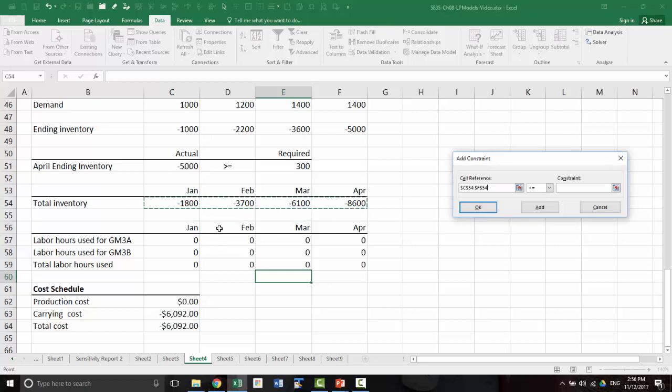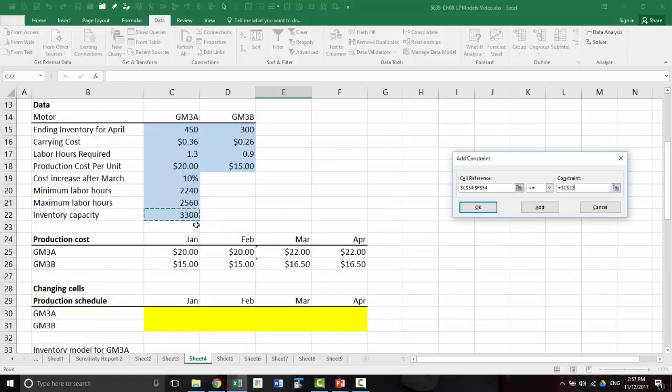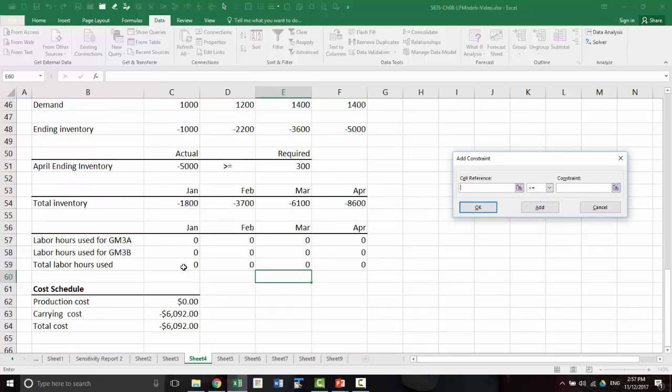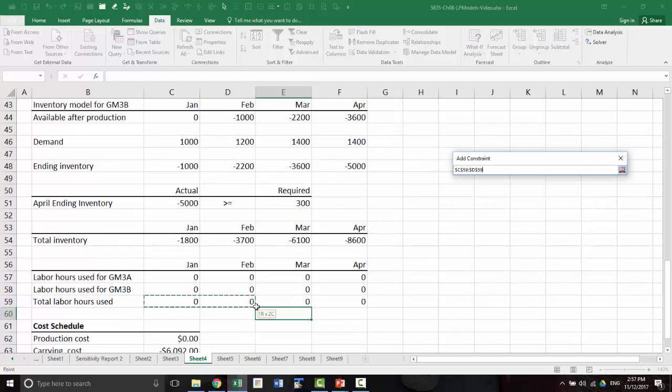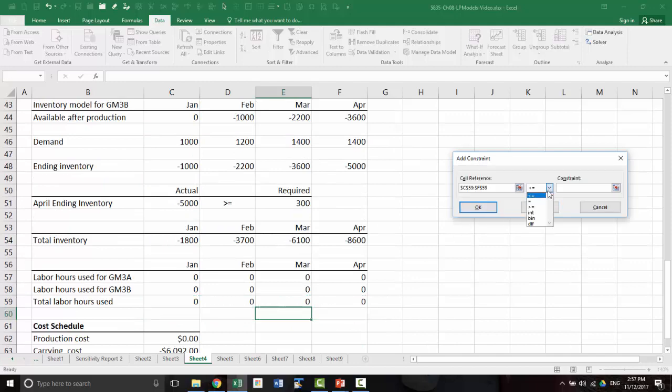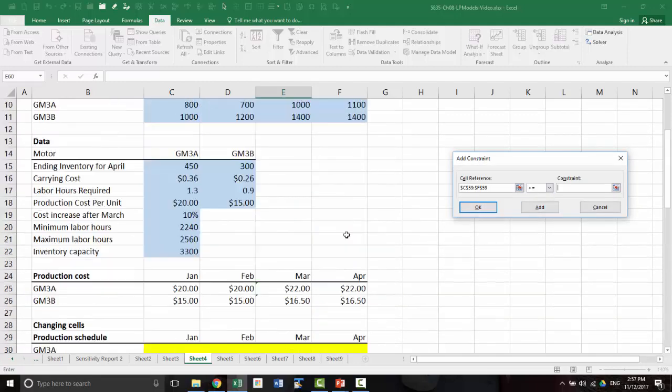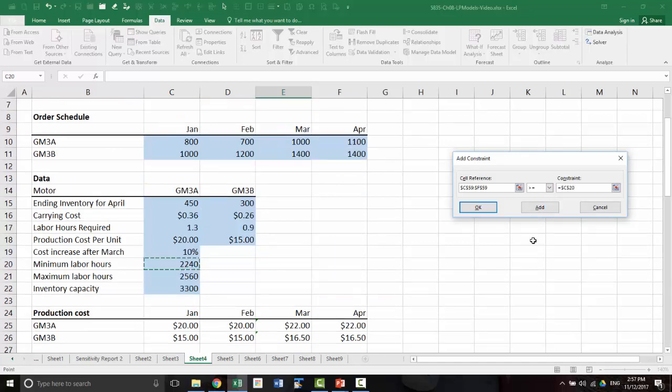So each of the total inventory for each of the 4 months must be less than or equal to the capacity. Since this is just one number, and the right-hand side can be like that, Solver will figure it out. Add that, and then total labor hours must be less than or equal to the maximum labor hours, and total labor hours used must be at least, it cannot be less than the minimum limit.